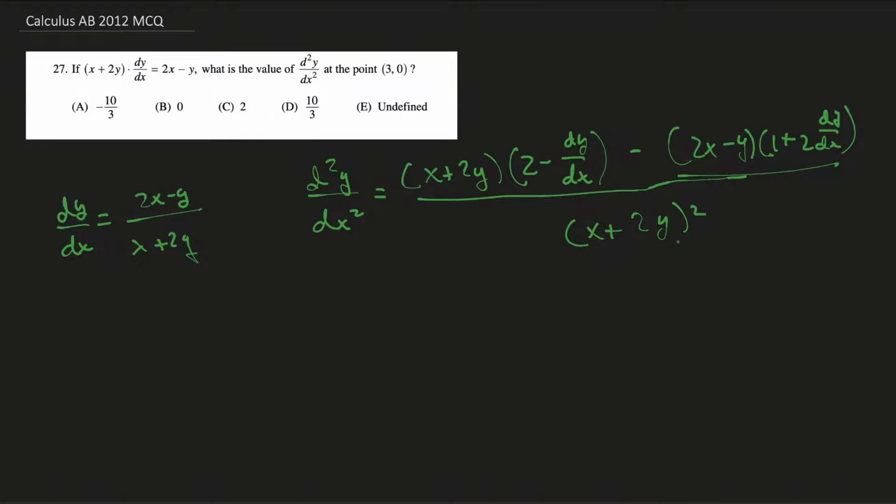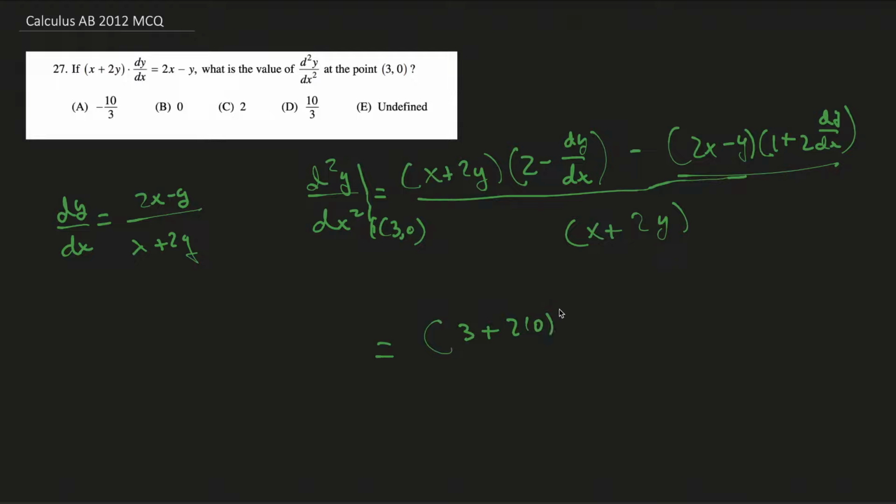x plus 2y squared. Now I'm trying to figure this out at (3, 0), so I can plug in 3 wherever the x's are and 0 for the y's.